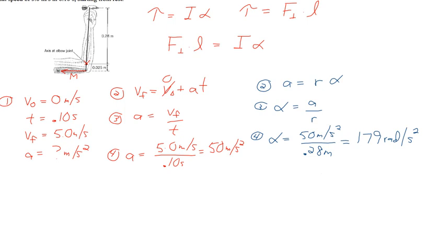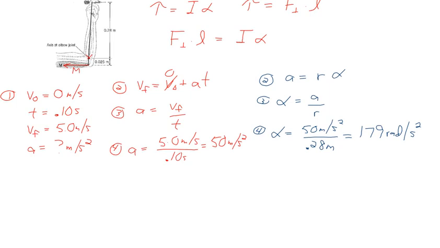So now that I have the alpha, if I look at my equation, I know the alpha, I know the I, and I know the L, and the force perpendicular is the M, which is the unknown. So I'm now just going to rewrite this equation to solve for the muscle's force.